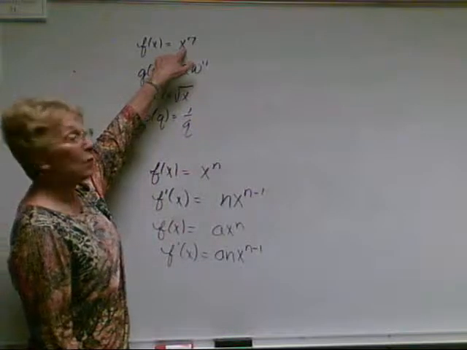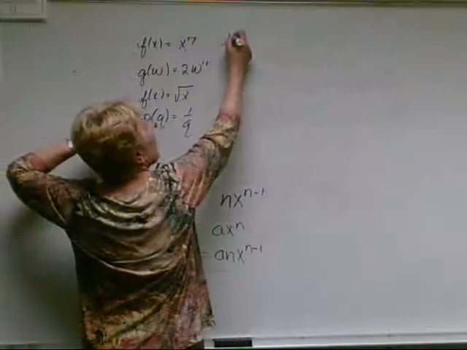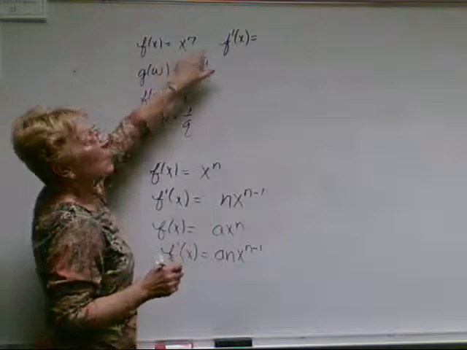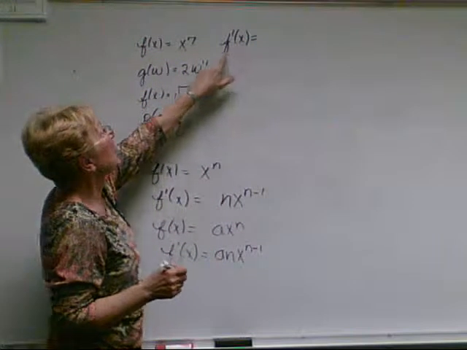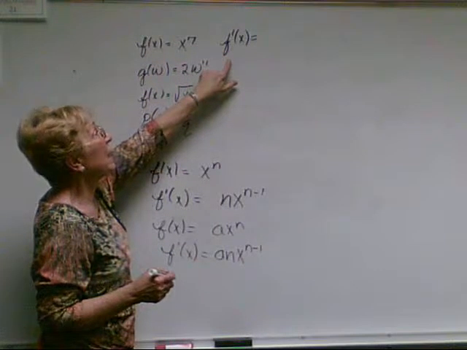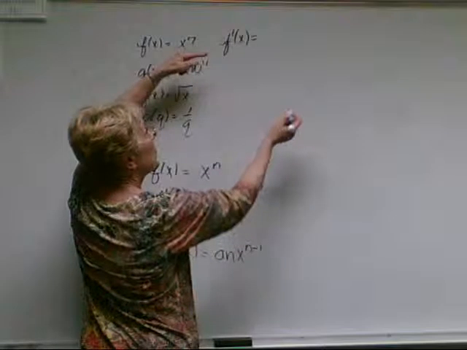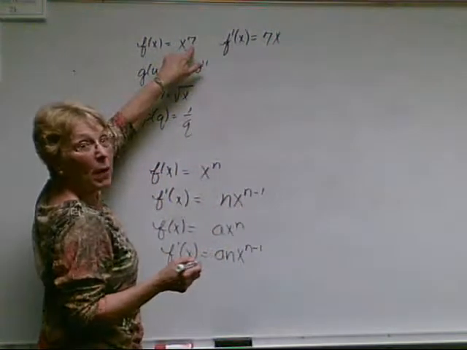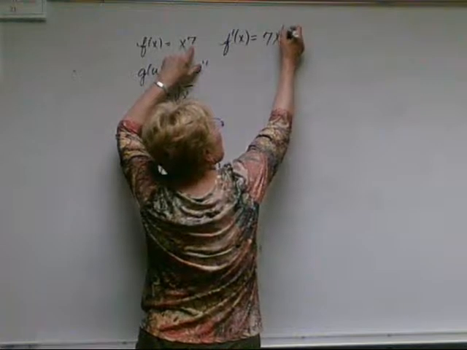So let's practice on the first one. The derivative is equal to, and don't write equal here without writing derivative. This is the function, this is the derivative we're about to take. So it's going to bring the 7 down, x to the 7 minus 1, which is going to be 6.